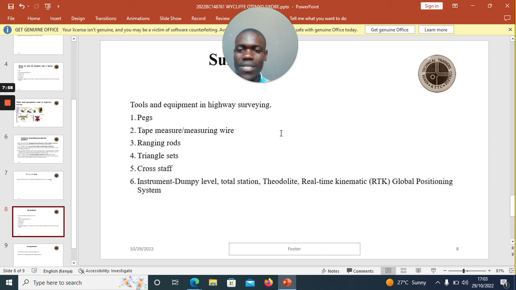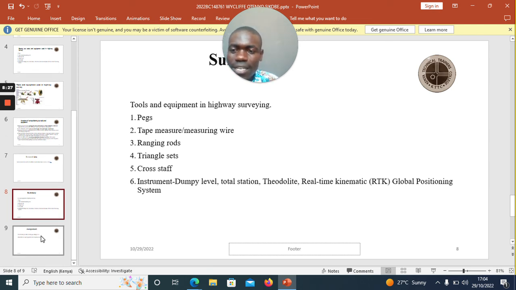Triangle sets. Ranging rods. Very good. Nyaga Newton? Instrument. Very good. Instruments like the dumpy level, the total station, the theodolite, the real-time kinematic global positioning system. These are just some of the tools that are used in highway surveying.